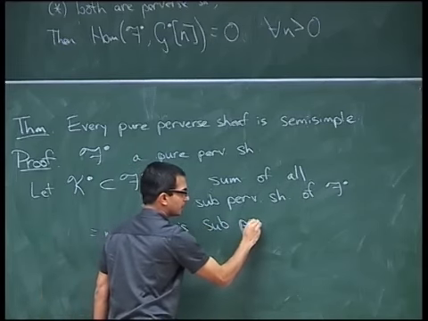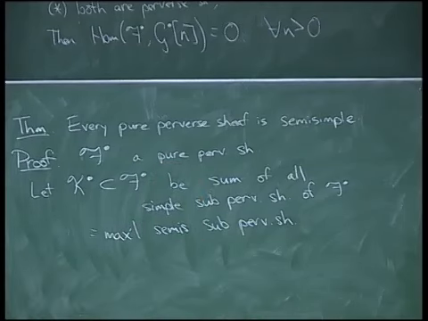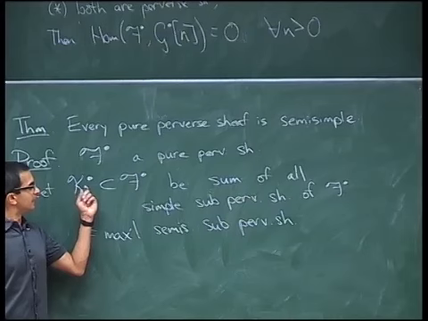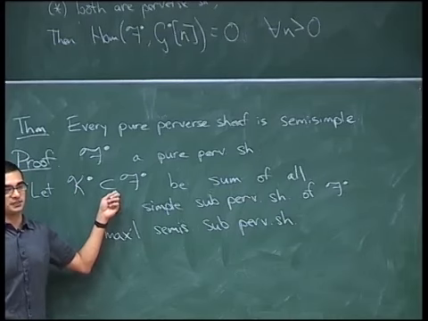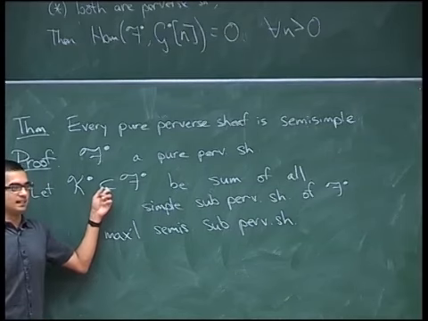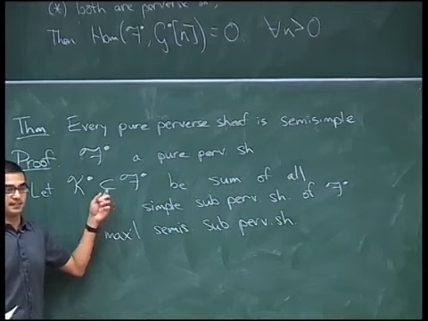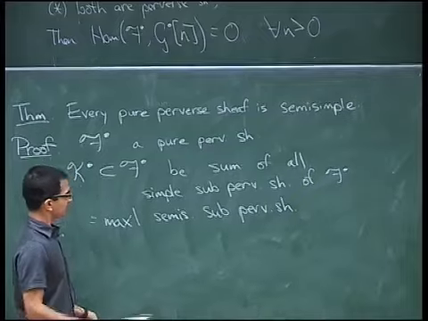And remember that in the category of perverse sheaves, you have to be a little bit careful with words like sub-object. So this means that there's a morphism from K to F which is injective in the categorical sense. It doesn't mean anything about injective maps of sheaves and cohomology or anything like that.